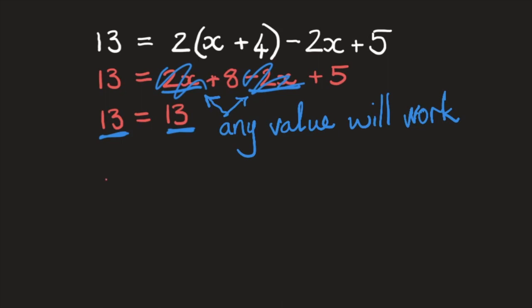We have to say x can be any real number. The proper way we'd say that is x is an element of the real numbers. Looks kind of like my signature actually. So it means that x can be a number that exists as opposed to a number that doesn't exist, and there are numbers that don't exist that we can work with anyway.